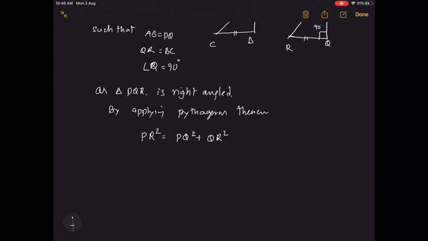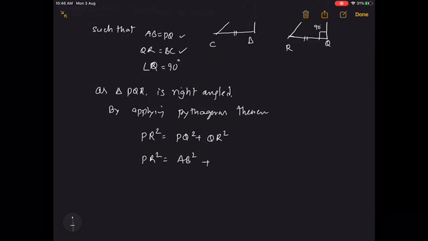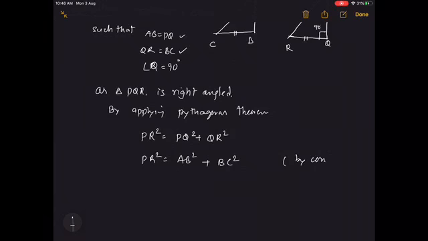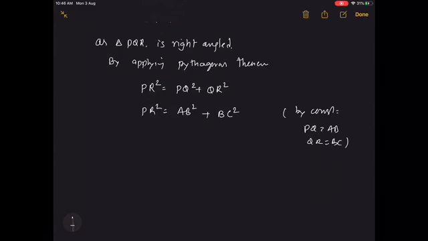Now, by construction, what is PQ, children? It is AB. So we will replace AB square. QR is BC, so BC square. This is by construction. PQ is equal to AB and QR is equal to BC. So we replace these two.